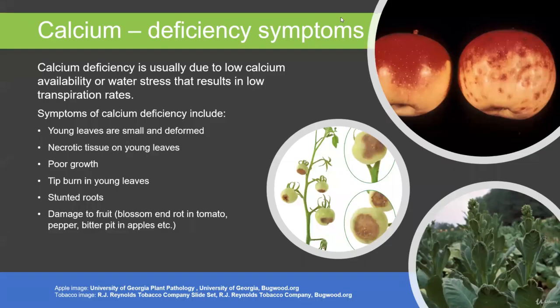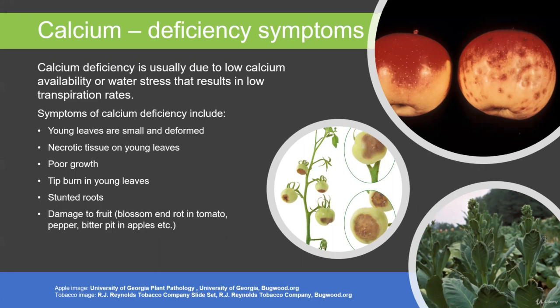Also, calcium deficiency is hard to correct because the timing of the deficiency is very important. If we have calcium deficiency during flowering, even a temporary deficiency, this might already affect the yield and the fruit of the crop.